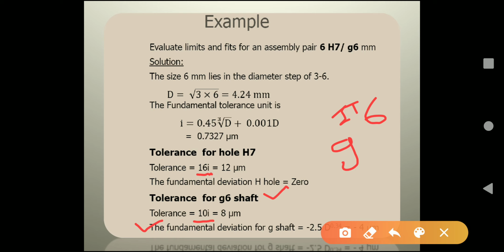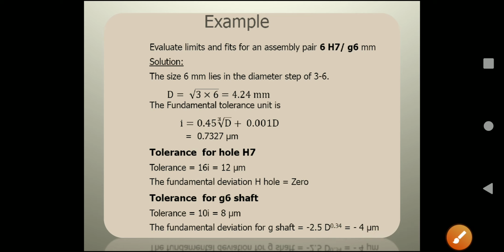The formula of fundamental deviation for a g shaft is given in the last line: minus 2.5 D raised to 0.34, which is equal to minus 4 micron. Here you put the value of capital D and you directly get the fundamental deviation of shaft g, that is minus 4 micron.